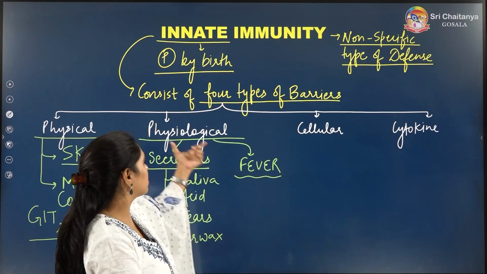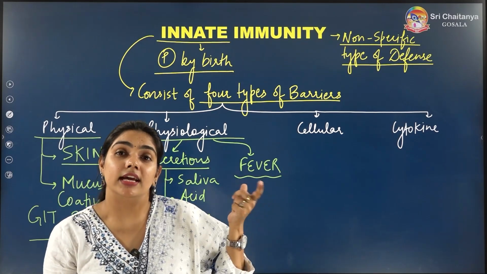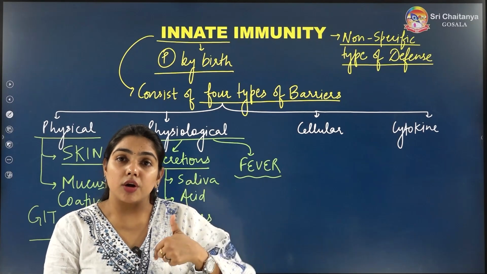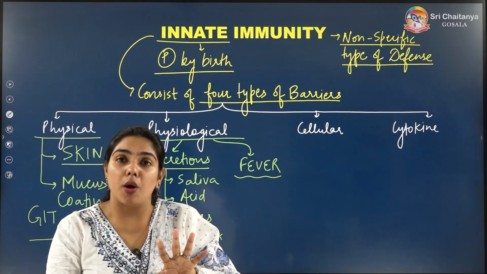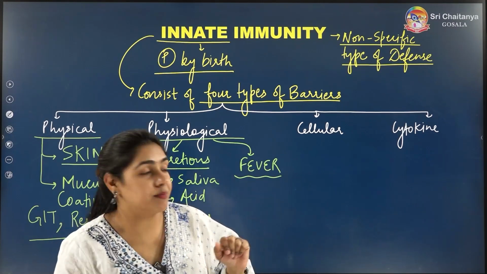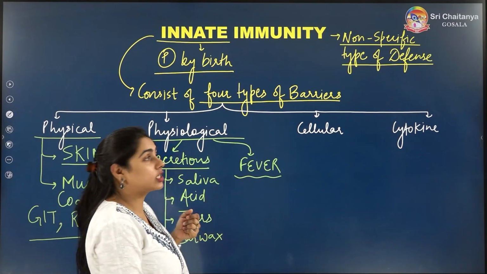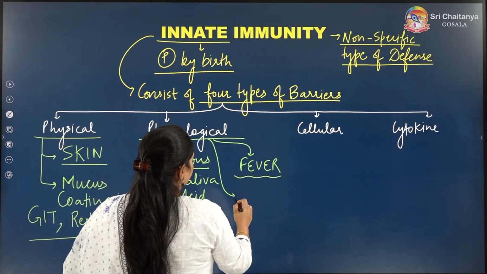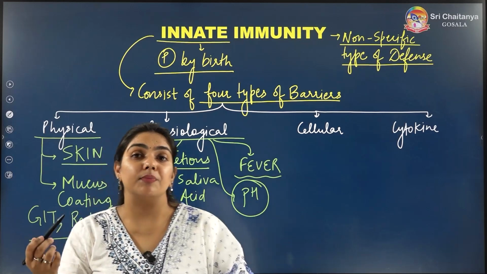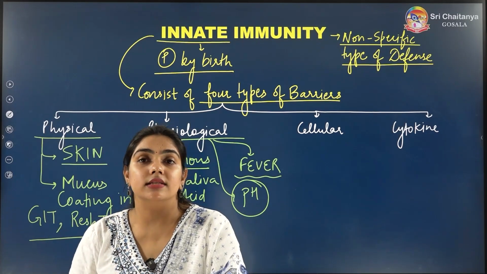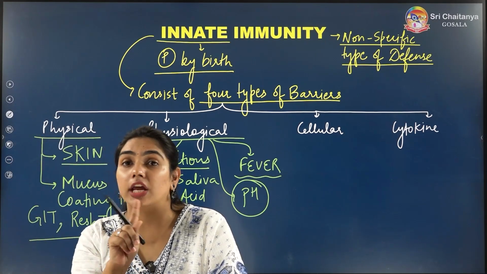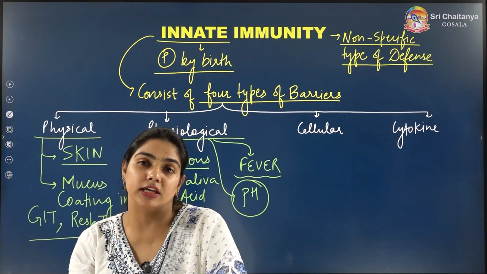Fever is a response of the body. It comes whenever any pathogen is trying to cause disease. Your body is trying to stop the growth of the pathogen by increasing the body temperature. So fever is also a physiological barrier. Even the pH, at different parts of your body there is a different pH. For example, in the stomach there will be acidic pH. So there are so many pathogens which cannot grow in that acidic pH.